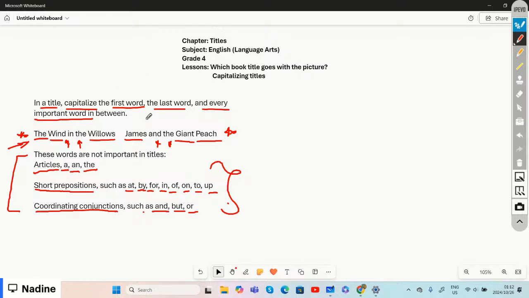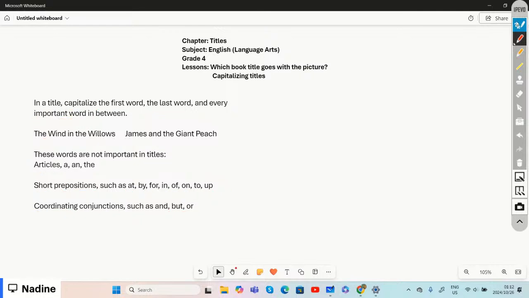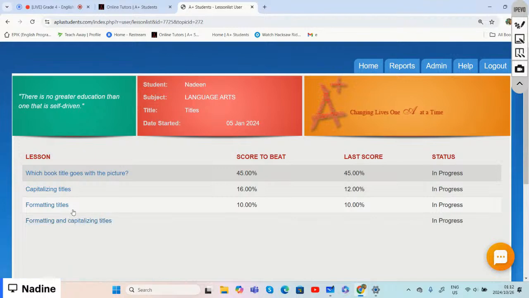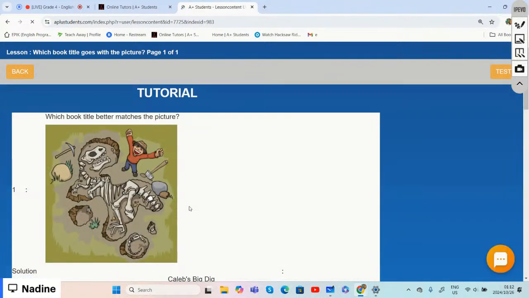All right, so now we're going to aplusstudents.ca, where we are going to look at which book title goes with the picture, and capitalizing titles. All right, so which book title goes with the picture?